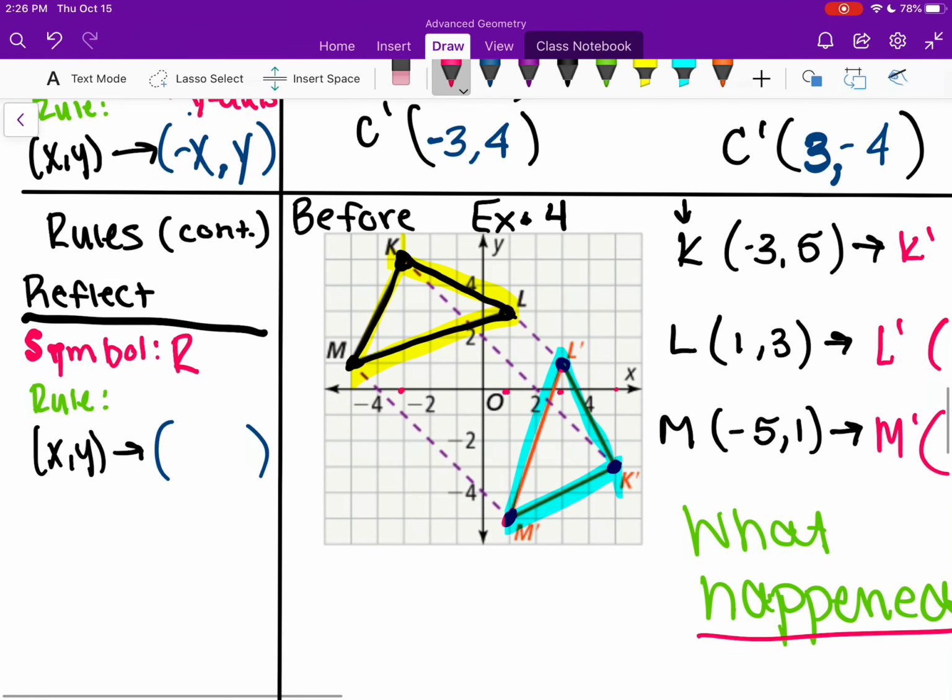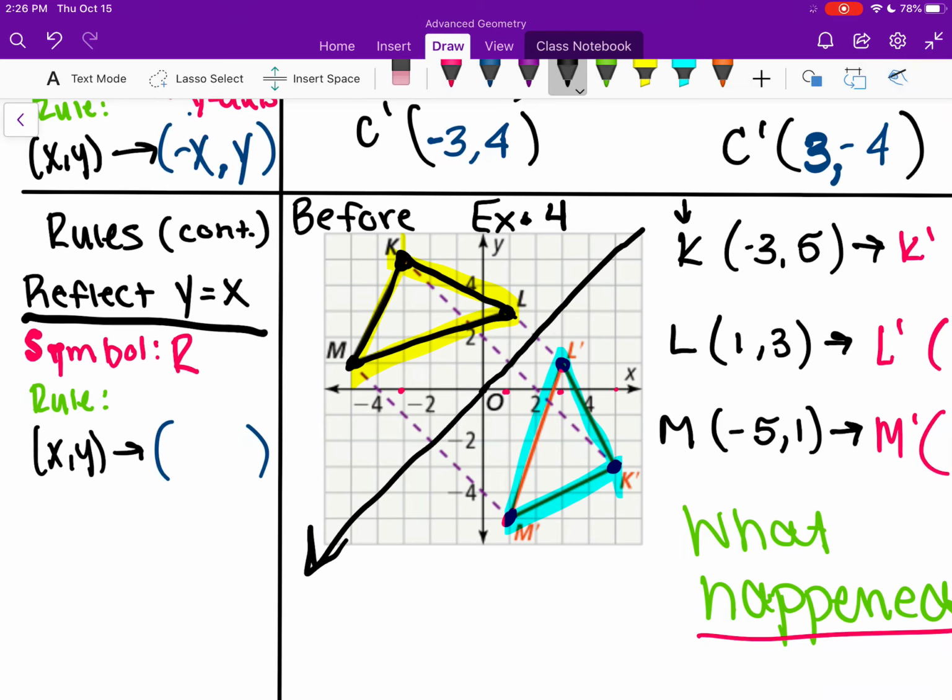So this is when you reflect across the line y equals x, which is that diagonal line right here. If we reflect across the line y equals x, we've got a nice and easy trick.